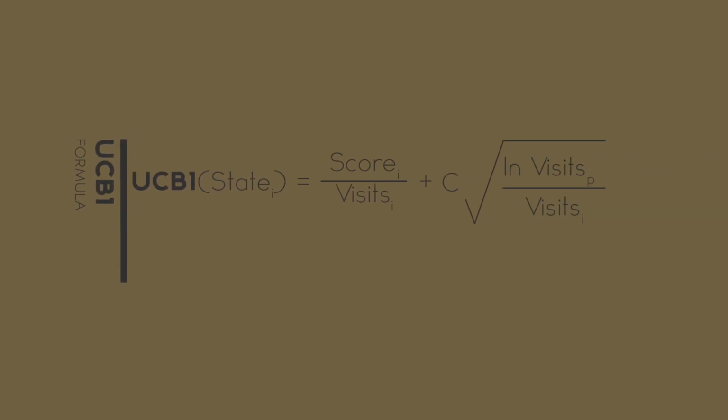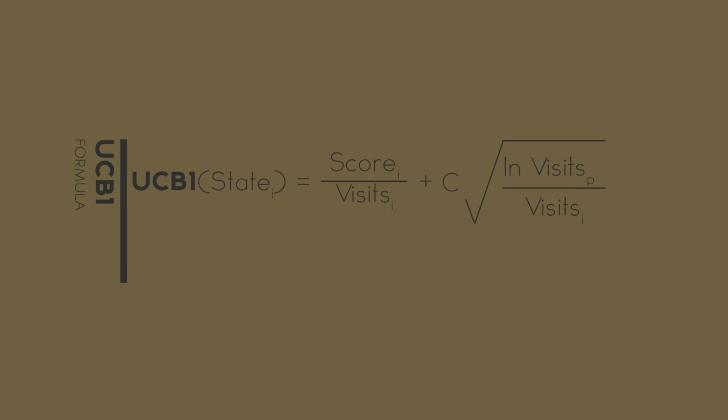Alright, so let's take a little bit and discuss the UCB1 formula. So this is typically UCB or UCB1, upper confidence bound for trees. For any given node, you calculate the average value of the node by taking the current score of the node divided by the amount of visits that node has been visited. And then you add a second part of the algorithm, which is taking the natural log of the parent node's visit count divided by the visits of the node.